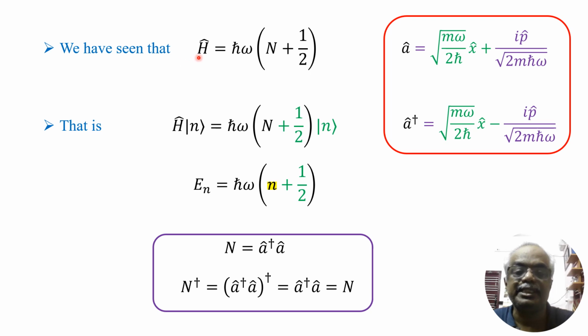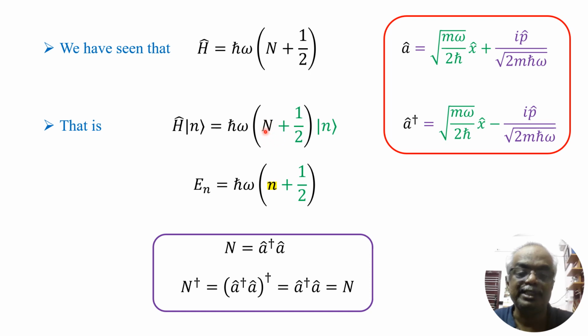We have seen that the Hamiltonian operator for the harmonic oscillator using annihilation and creation operator is h cross omega N plus half. When this Hamiltonian acts on the ket n, that is h cross omega, this acts on N plus half. Half is a constant, N is an operator, the number operator.